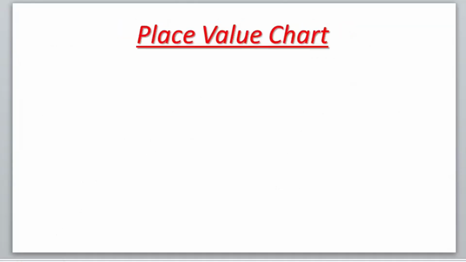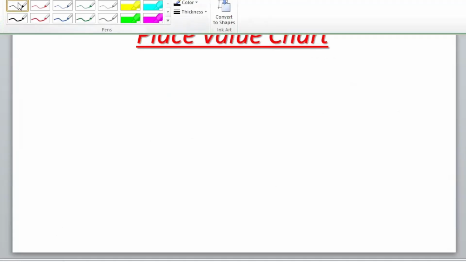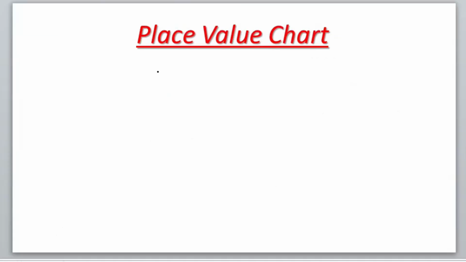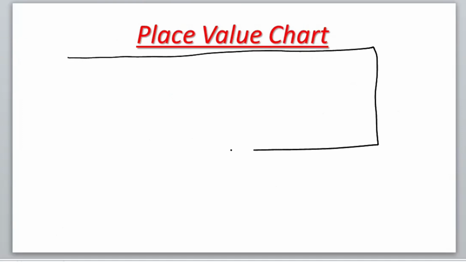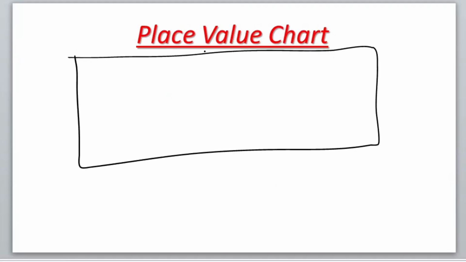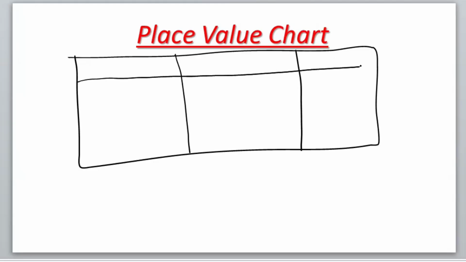The place value chart is very important. Once you understand the place value chart, all the next topics are related to this one only. So for the place value chart, what do we have to do first? First of all, we have to draw a chart that is called the place value chart. I am taking three columns here.